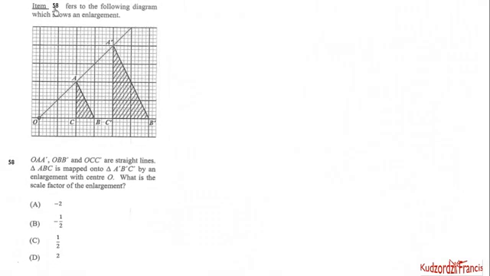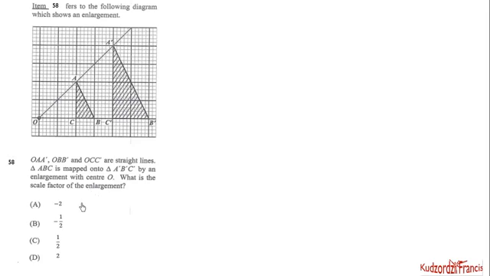Then item 58 refers to the following diagram, which shows an enlargement. So OA A prime, OB B prime, and OC C prime are straight lines. Triangle ABC is mapped onto triangle A prime B prime C prime by an enlargement with center O. What is the scale factor of the enlargement?